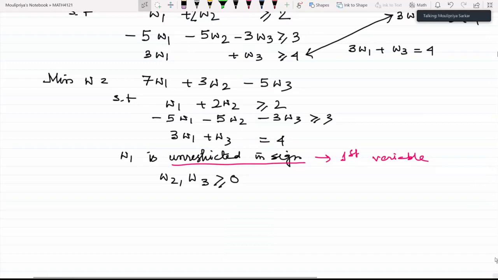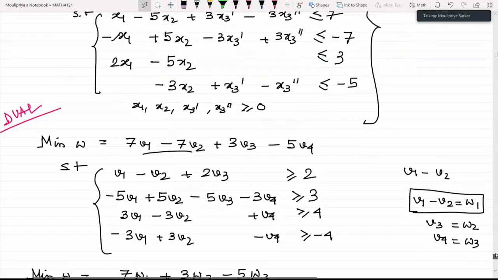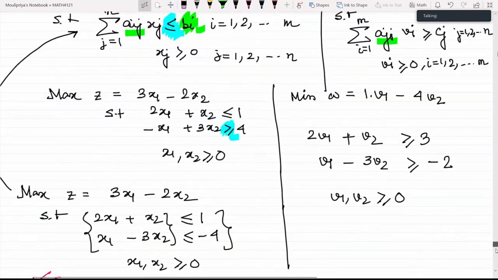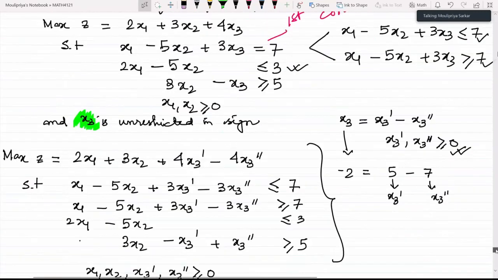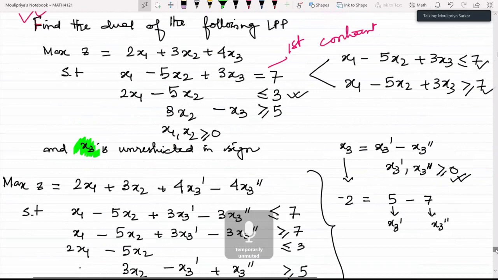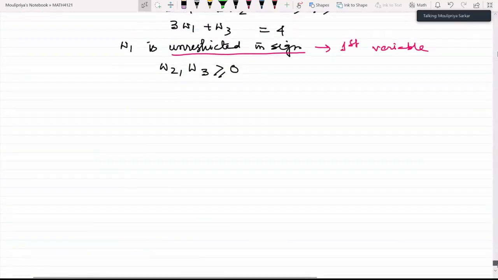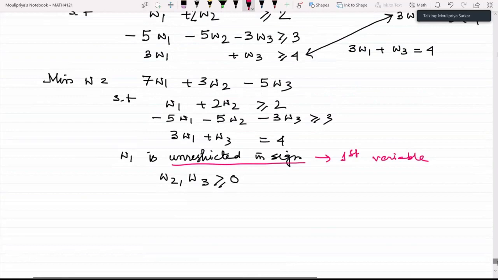What else? In the primal problem, which variable was unrestricted in sign? The third variable was unrestricted in sign. In the dual problem, what we find is the third constraint becomes an equality. Are we okay with this?